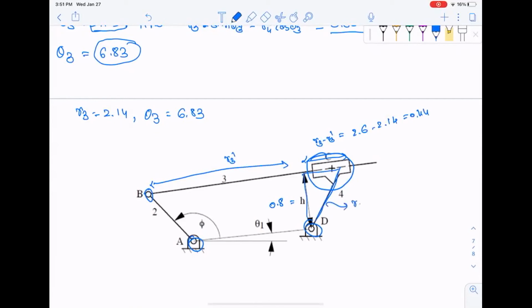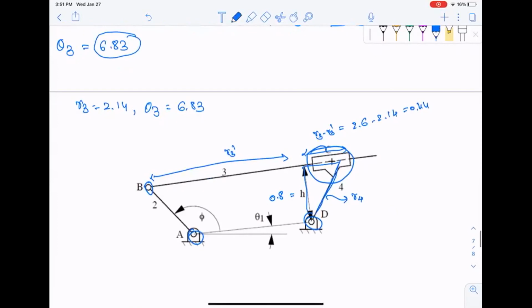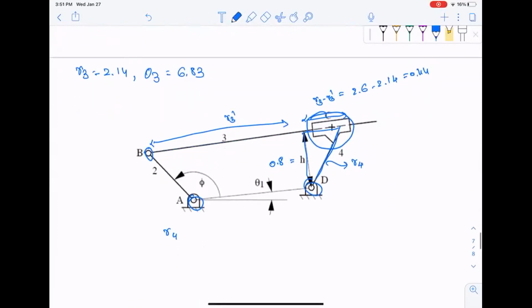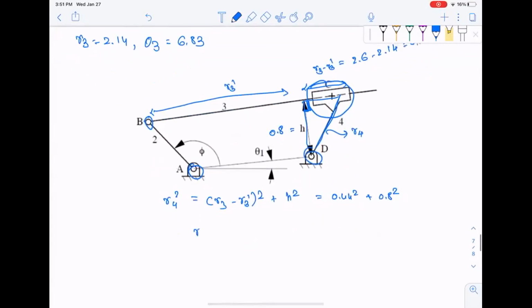So this is my r4, and we can write Pythagoras theorem. R4 square is equal to r3 minus r3 dash square plus h square, because this is 90 degrees. If you replace the values into the equation, you will get the value of r4 as 0.923.